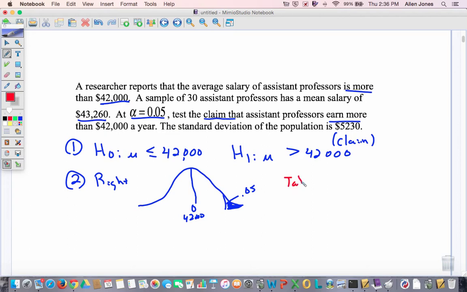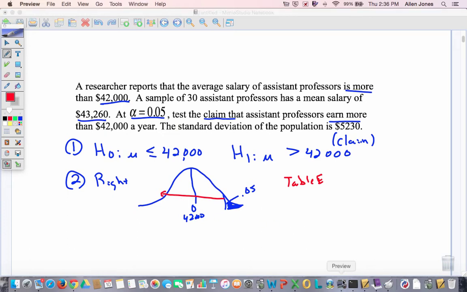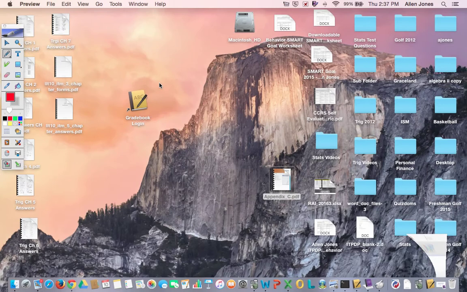Now going way back to chapter 6 and having gotten used to reading this curve, our table E that we're going to look at, I'll mark that on here. Table E measures the area from our z-score on down. So I'm going to go to our table E, and we're going to find not 0.05 but 0.9500 so that we can find the critical value, or the z-score that goes with that.